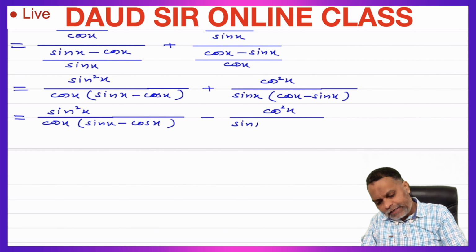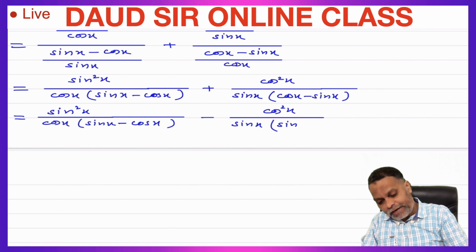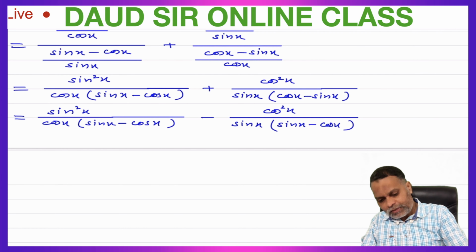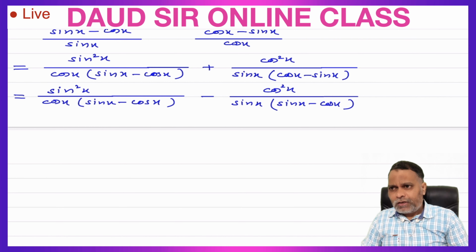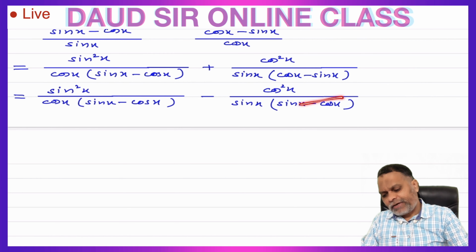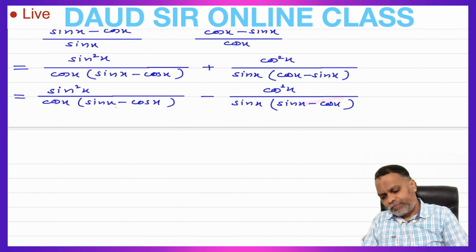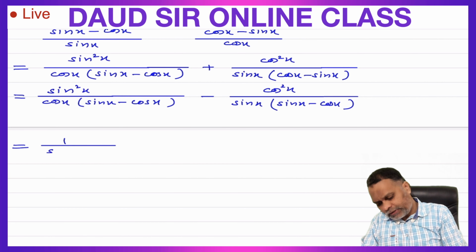So this is sin x, minus sign we have taken common, so cos x minus sin x will become sin x minus cos x. Now whenever something is common in the steps, first take out the common so that this calculation work will become easy. So here sin x minus cos x bracket is common in both. So 1 upon sin x minus cos x common.